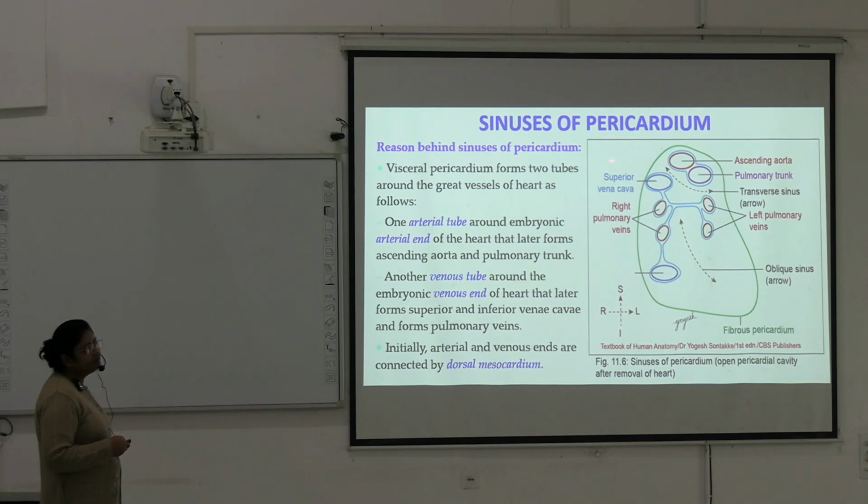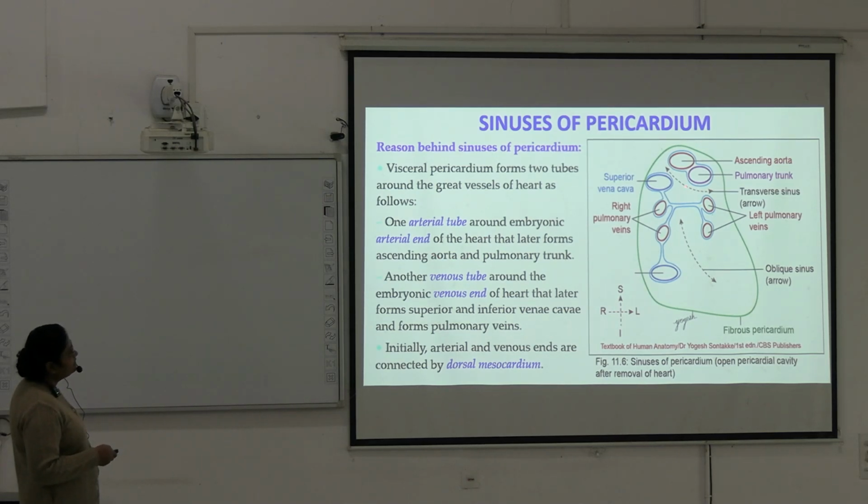Why are the sinuses formed? The visceral pericardium forms two tubes around the great vessels of the heart. One is the arterial tube around the embryonic arterial end of the heart, that later forms the ascending aorta and pulmonary trunk. See here, this blue colored one is around the arterial end, around the ascending aorta and pulmonary trunk. Another is the venous tube.